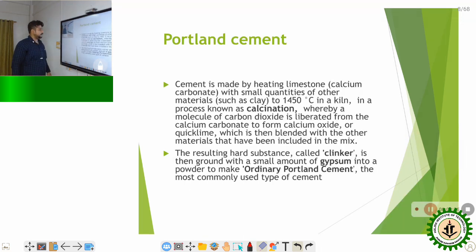Okay, this is the cement. Cement is made by heating limestone, calcium carbonate, with small quantities of other materials such as clay, to 1450 centigrade in a kiln. A kiln is a chimney-type structure where we heat the materials, calcareous and argillaceous material. It forms clinker, and when the clinker is ground into powder form, we pack that powder in cement bags and sacks, and then we sell it.